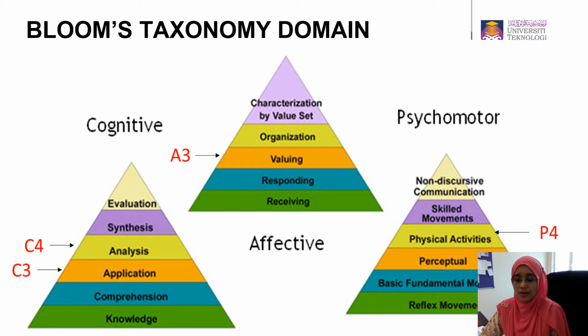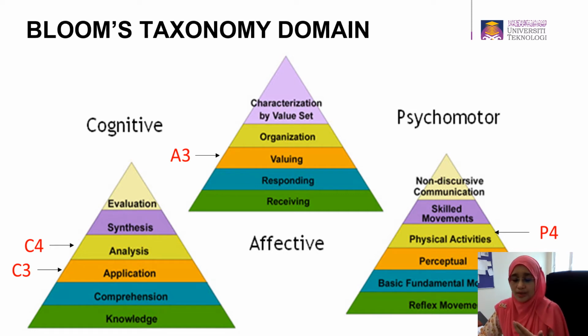And then the psychomotor, P4, physical activities. How you are going to be assessed for physical activities is through your lab work. You are going to learn the theory during the lecture and tutorial, and physical activities involve your lab work.